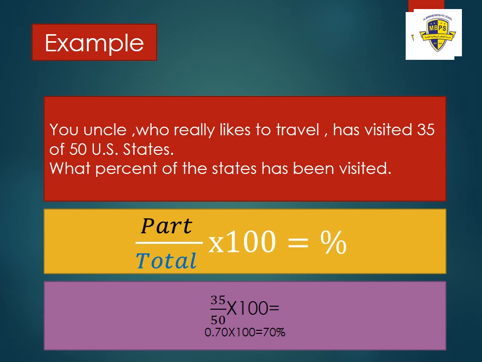What I will do is change the fraction to a decimal by using long division, which we took in Unit 7. So 35 over 50 becomes the decimal number 0.70. 0.70 multiplied by 100, we move the decimal point 2 steps to the right, and we get 70%.